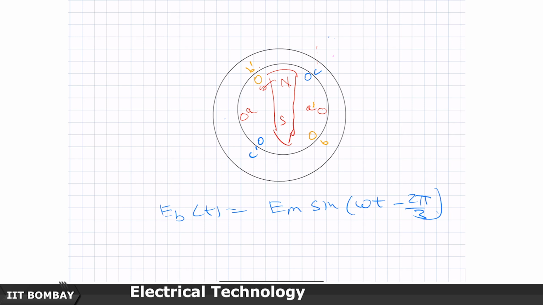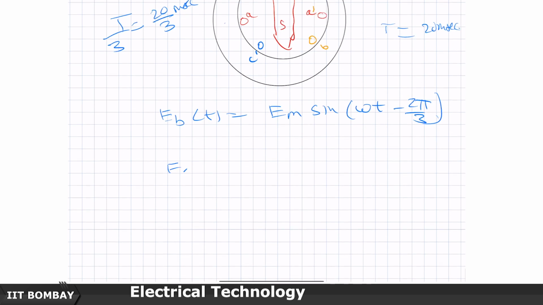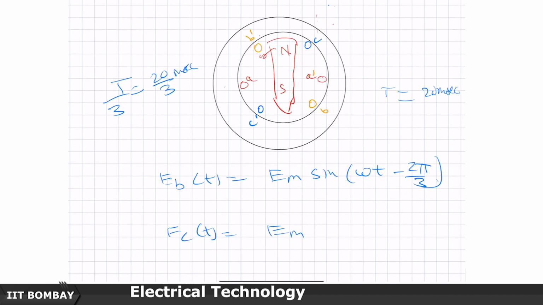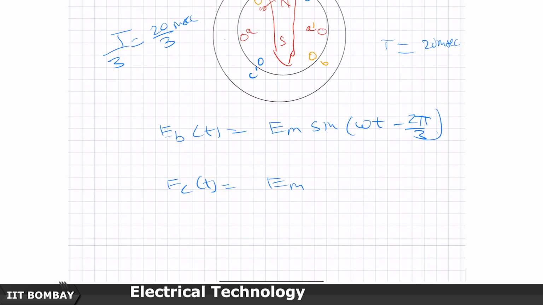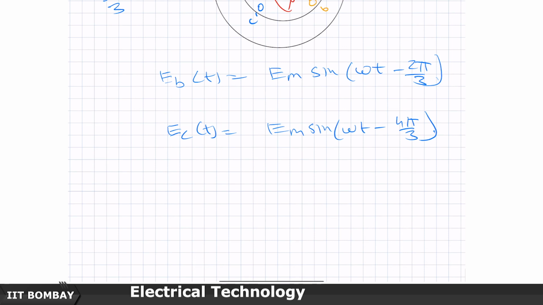So, if the 50 hertz time period amounts to 20 milliseconds, then this will happen T by 3, or 20 milliseconds by 3, later. And E of C of t will see the same voltage figure, because the north pole will come exactly in the same alignment with the C dash after 2 pi by 3 angle has traversed. So, E C of t will be E m sine of omega t minus 4 pi by 3.